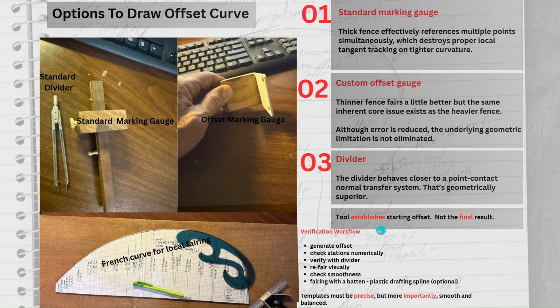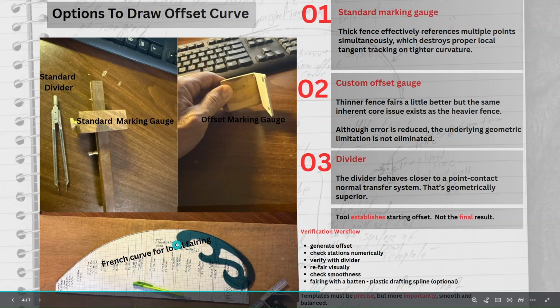So my verification workflow: I generate the offset. You can either drag the marking gauge or the divider, or you can dimple along these points and then use something like a French curve to connect those points. But in the workflow, it is extremely critical, and I cannot stress this enough, that you verify.